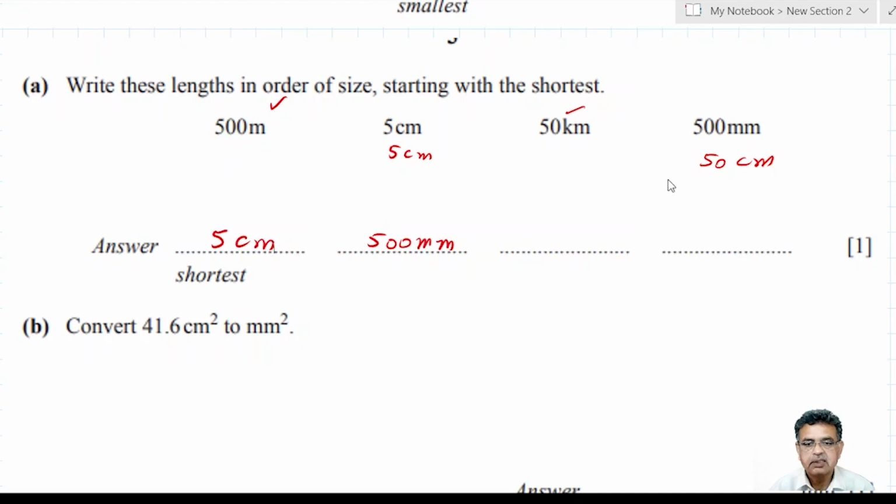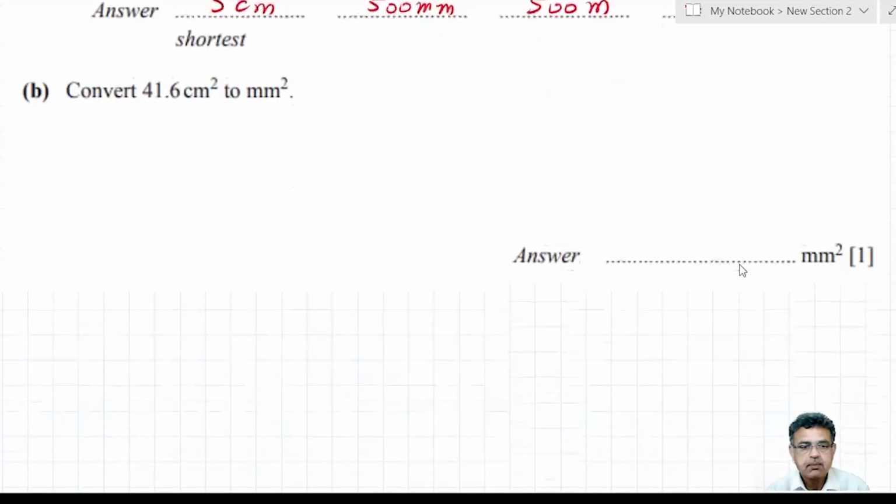So 500 meter is larger than that, and then 50 kilometers. Since they have different units, we have to write their units along with them as well.